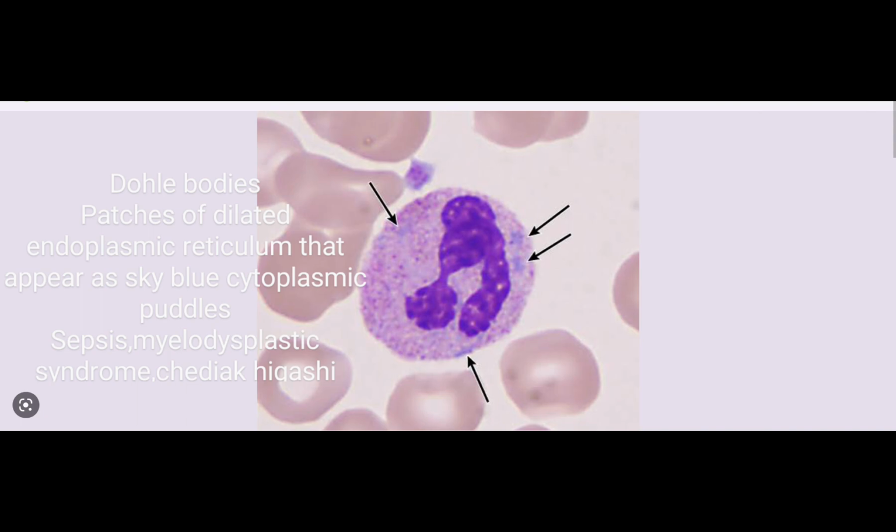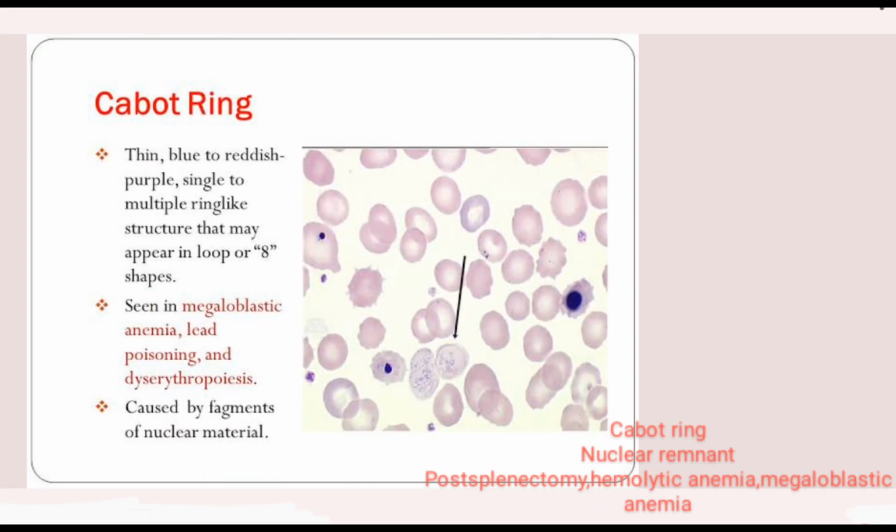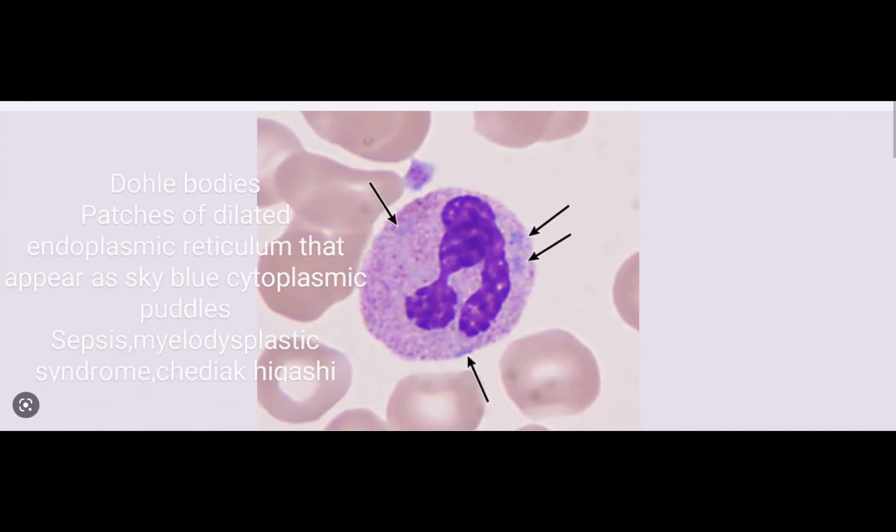They are sky-blue colored cytoplasmic puddles, and are seen in sepsis, myelodysplastic syndrome, and Chediak-Higashi syndrome. That means in infectious conditions and in dysplastic syndromes, myelodysplasias, and Chediak-Higashi syndrome. Not in anemia do we find Döhle bodies; we find them in several other conditions, while the Cabot ring was present in anemias, hemolytic anemias, and post-splenectomy.